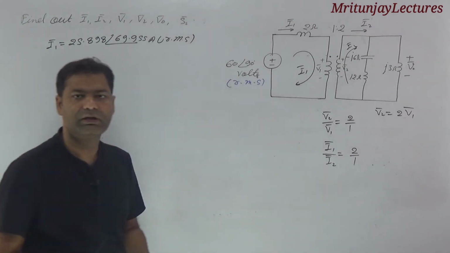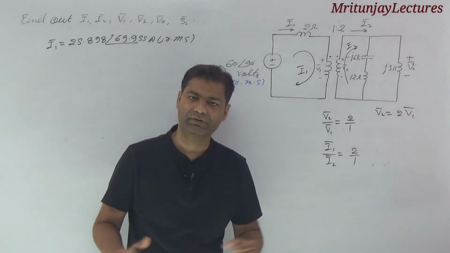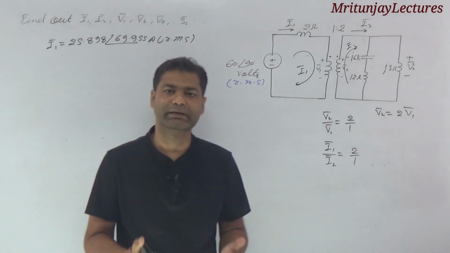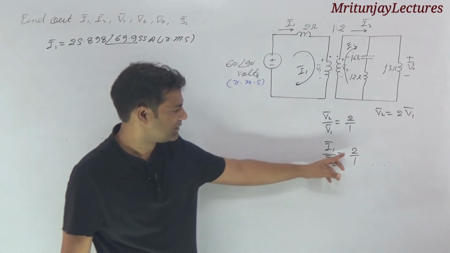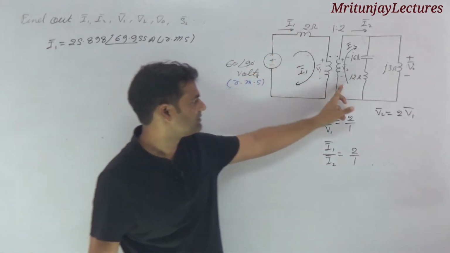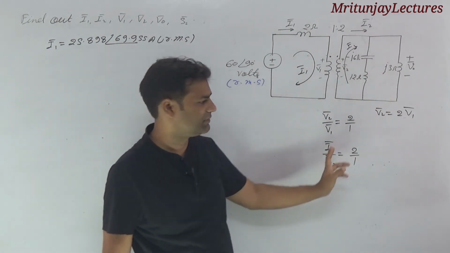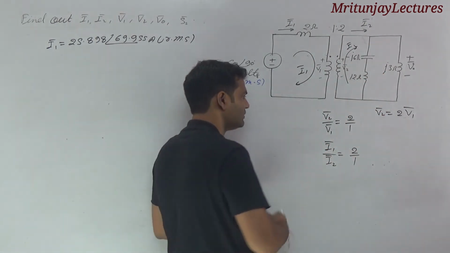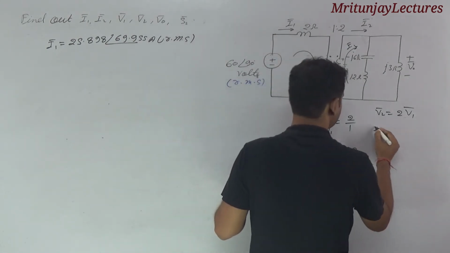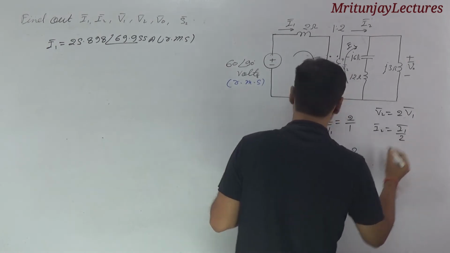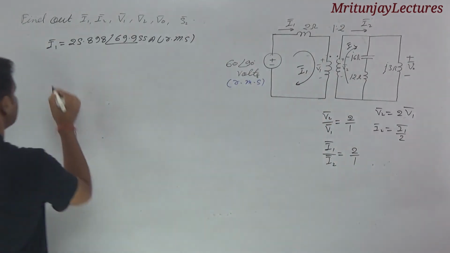If both are entering at the dot or both leaving the dot, then it is negative, otherwise positive. So this one is entering and this one is leaving. It means I1 by I2 is positive. So I2 is written as I1 by half.